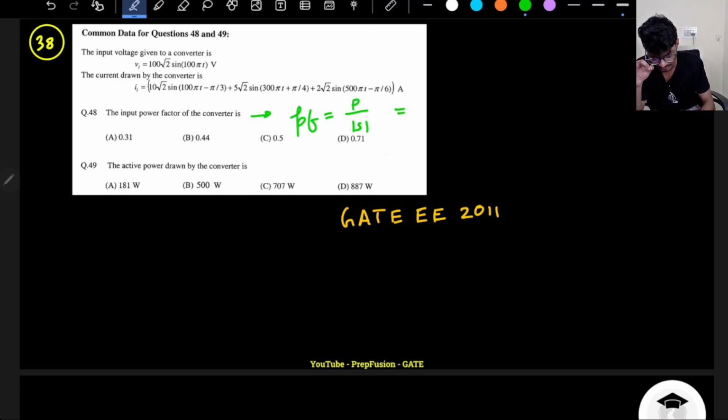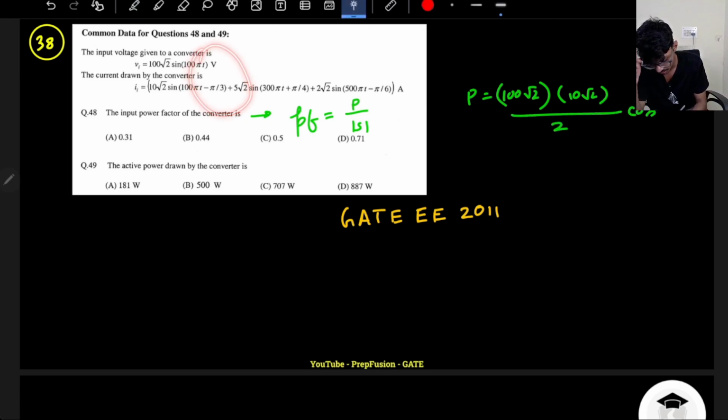I hope you can easily find the power now. Power will only be consumed due to the same frequency component; for all the other components it will be 0. So P will be VI cos phi, which is 100 root 2 by root 2 into cos of the angle between these two.